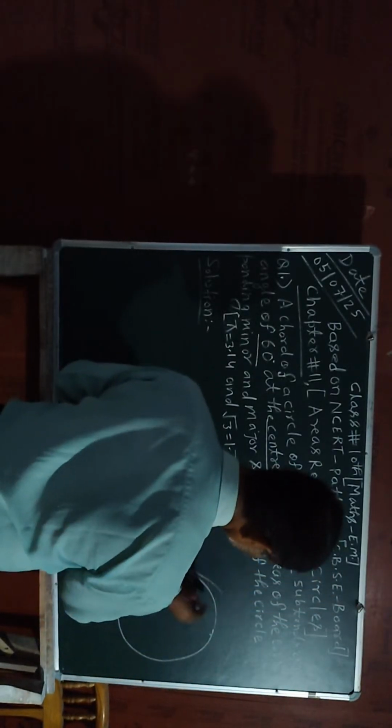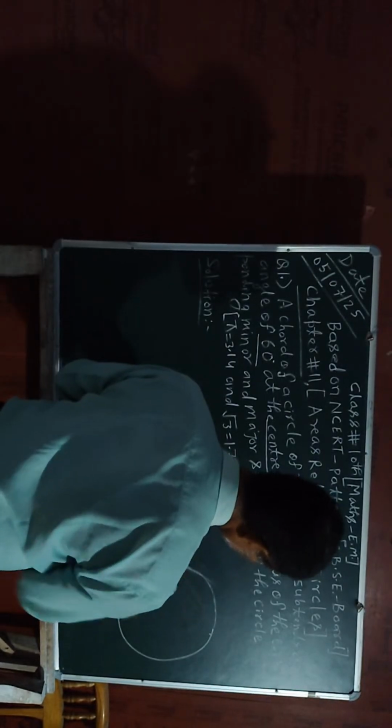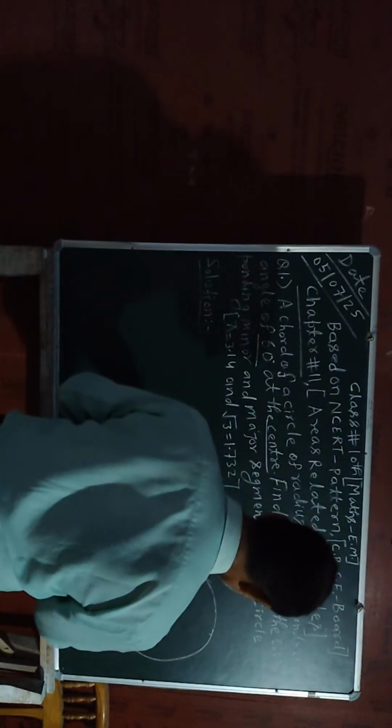Now here I am drawing a circle whose center is O, and its radius is given in the question as 50 centimeter. So here I will take two radii of length 50 centimeter and draw the lines.